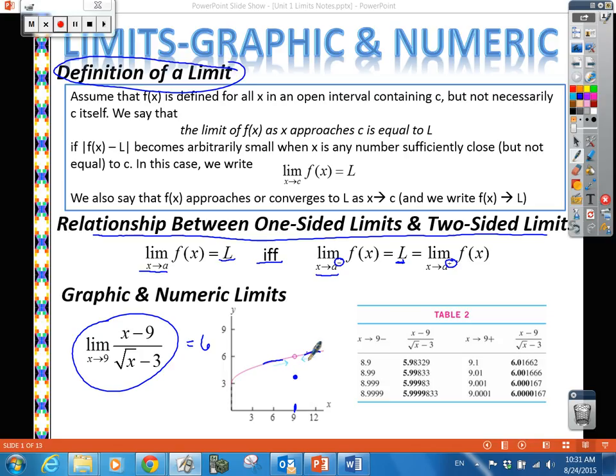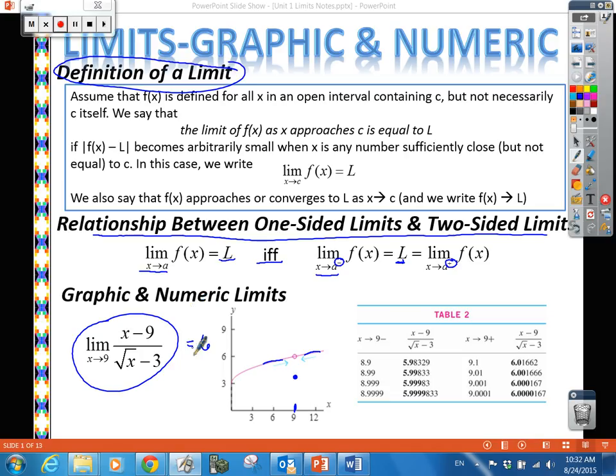And so as I'm going left and right, my limit value would be a 6, but my function value would be, wherever I put that, maybe 3.5 or something. So just know those are two different things sometimes. Sometimes the limit value does not equal the function value. Okay, and we'll be looking at that in more detail. That just means it's not continuous. So that's basically graphically, the answer to this limit is a 6.